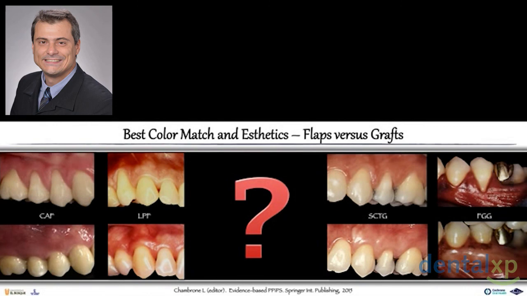We may note that the best color match and aesthetics will be associated first with the site you're treating, second with the aesthetic demands of your patient, and third with the quality of the periodontal biotype adjacent to the recession sites.